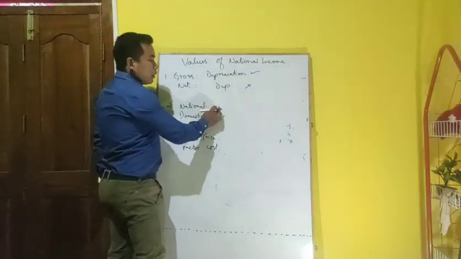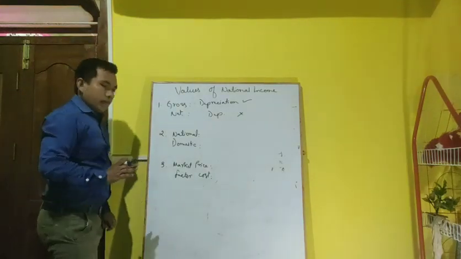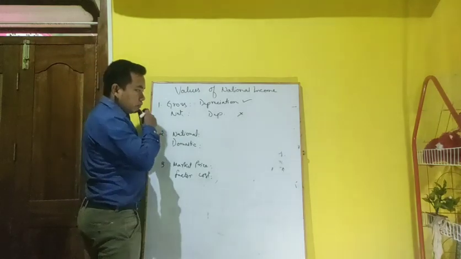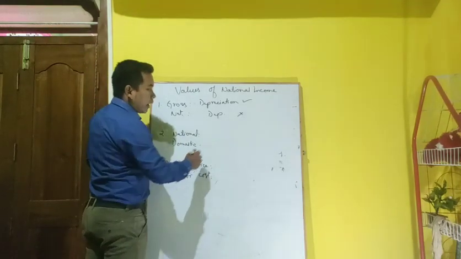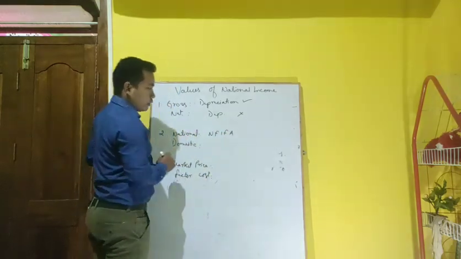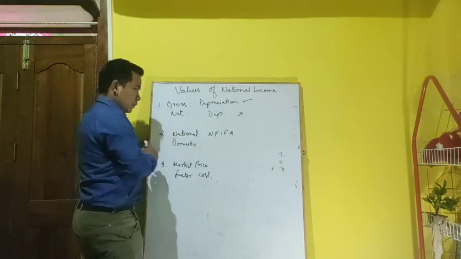Similarly, in the calculation of national value of national income, we are referring to the calculation where we include net factor income from abroad. Remember what we mean by NFIFA?